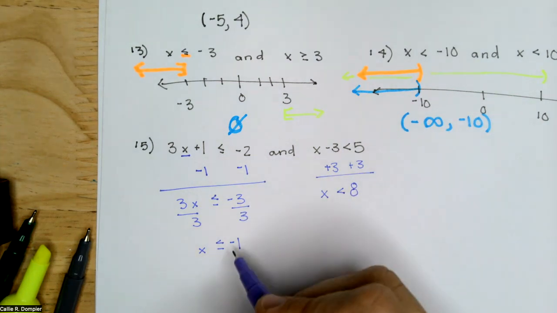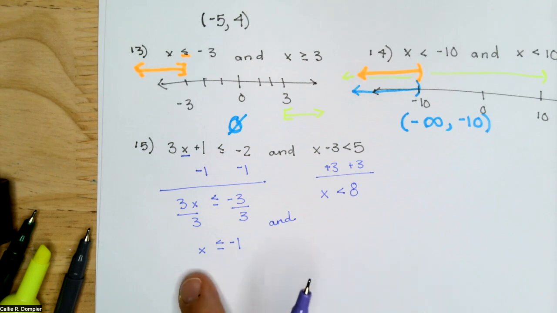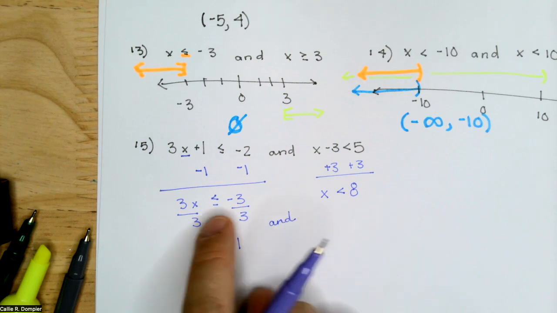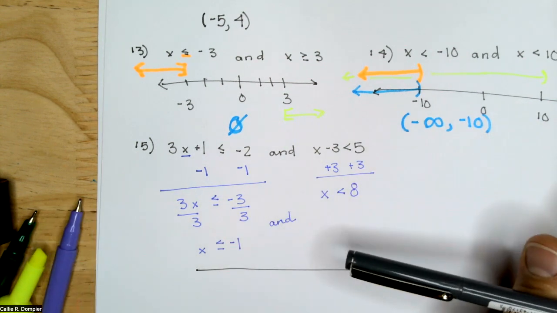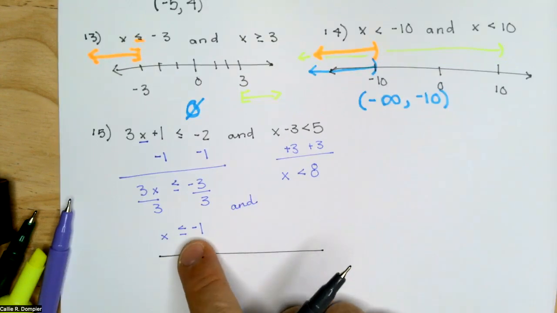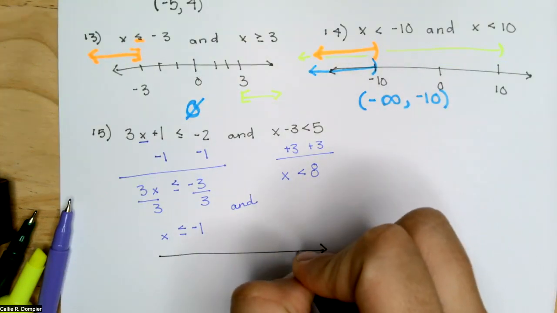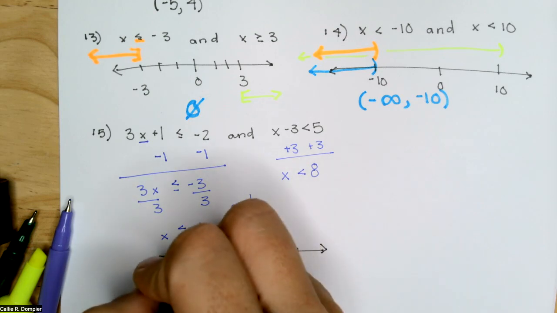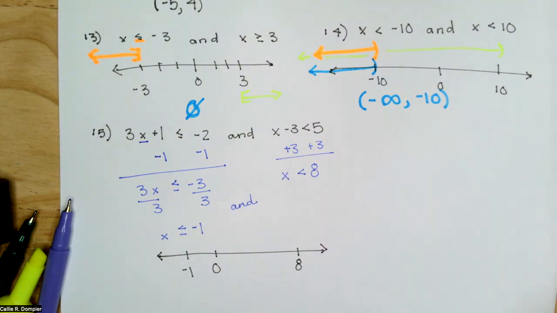Good. So now I don't want to forget my "and," just so I know where I'm going, right? X is less than or equal to negative 1 and x is less than 8. So this is going to look a lot like this one, right? It kind of doesn't matter. If it's less than negative 1, it doesn't matter that it's also less than 8, but I'll just show you on the graph anyway. Here's 8. Here's negative 1, so that'll be 0.